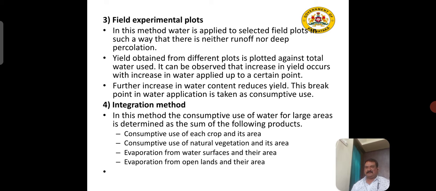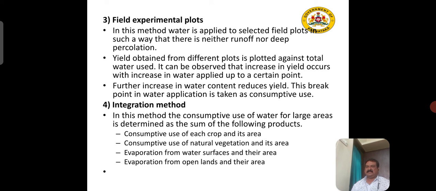Yield obtained from different plots is plotted against total water used. It can be observed that yield increases with the increase in water applied up to a certain point. Further increase in water reduces yield. This breakpoint in water application is taken as consumptive use.